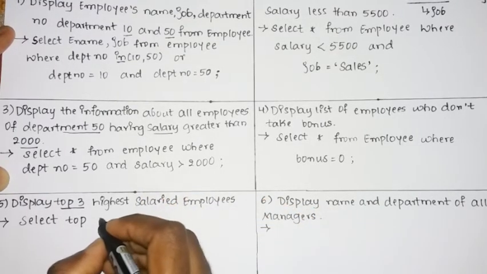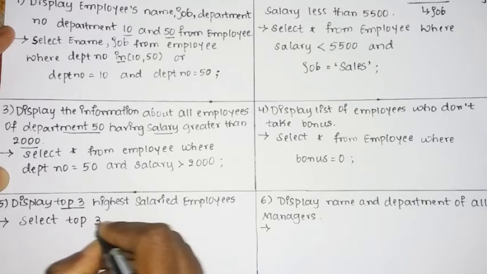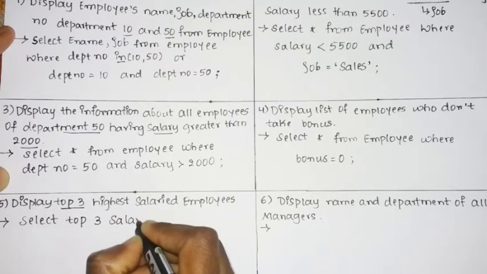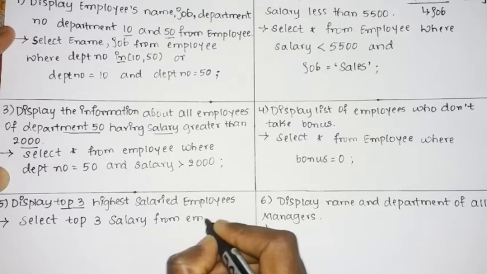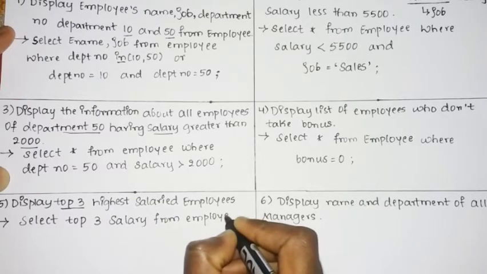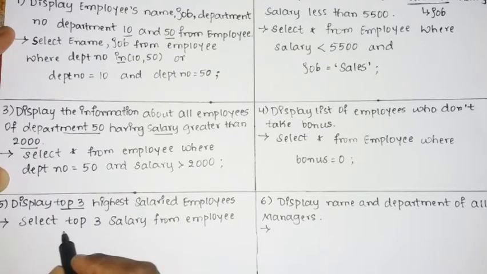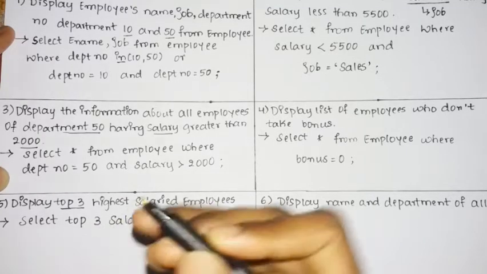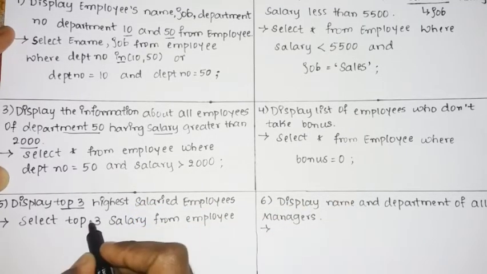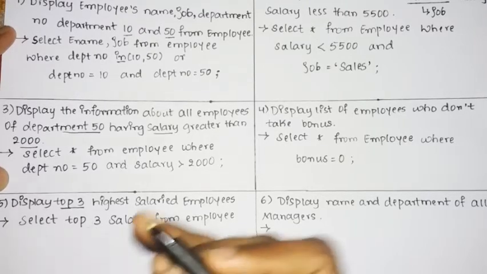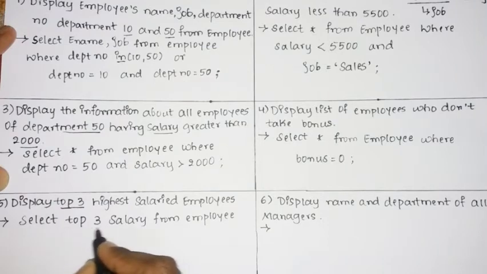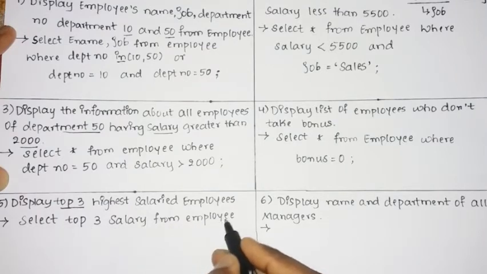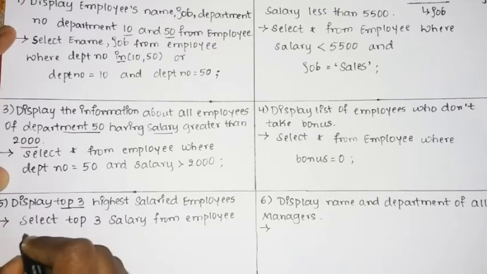So you select the top 3 salary from the employee table, so from employee. Since you need the top 3 salary from the top, you select the top 3 salary from the employee. Then after that you can say employee order by.